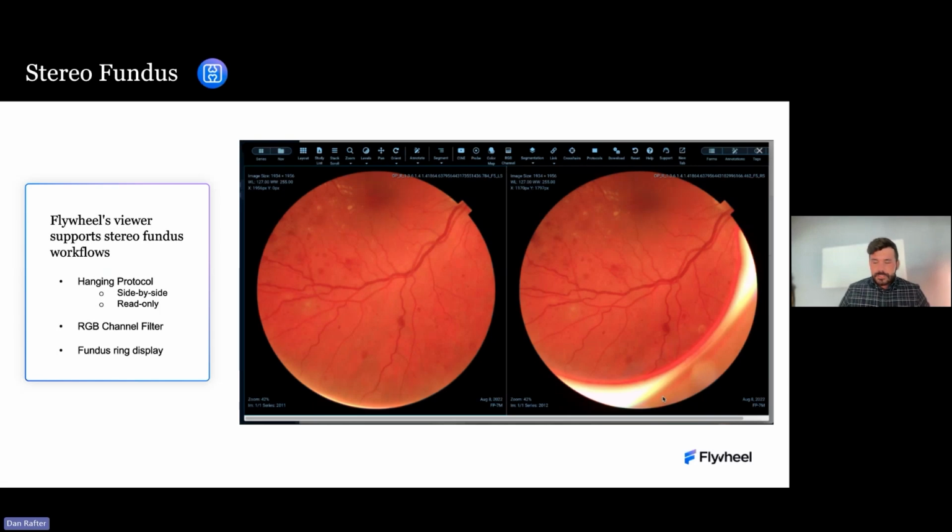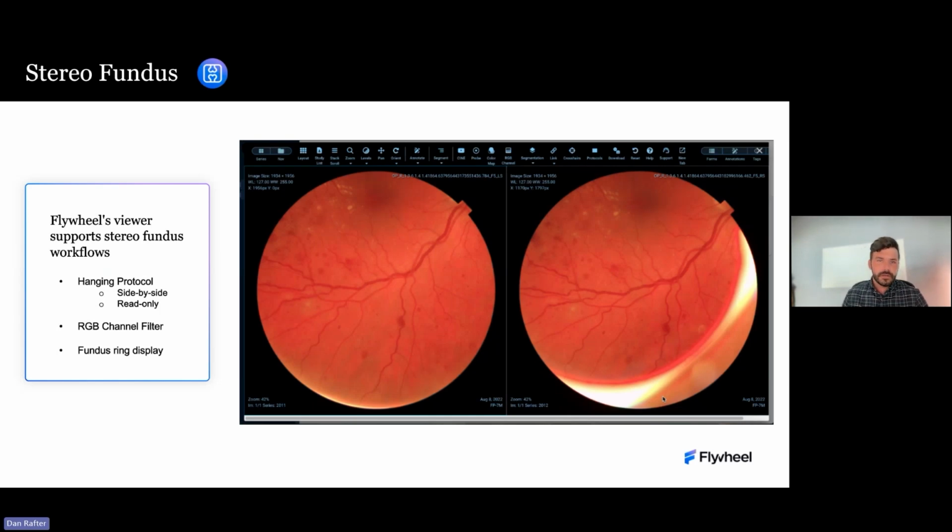For fundus images, we also have a handful of viewer features out of the box available to our customers. We've got the ability to do that stereo fundus hanging protocol where you've got both loaded up simultaneously side by side. The stereo pair is locked in a read-only hanging protocol, so you're not accidentally annotating the wrong image.